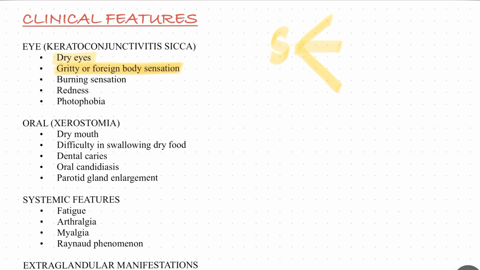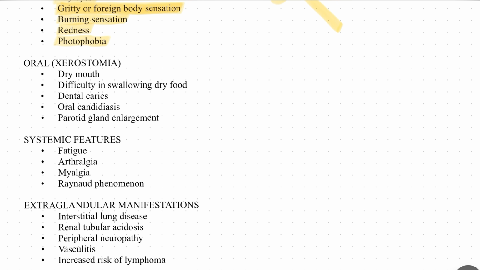Coming to clinical features, just apply your common sense. If secretion is less, then you need to see where all secretions are produced. In the eye, there will be tears. So there will be reduced secretion of tears, which leads to dry eyes, a gritty or foreign body sensation. If you feel the upper palpebral conjunctiva, there will be softness because of secretion under the conjunctiva.